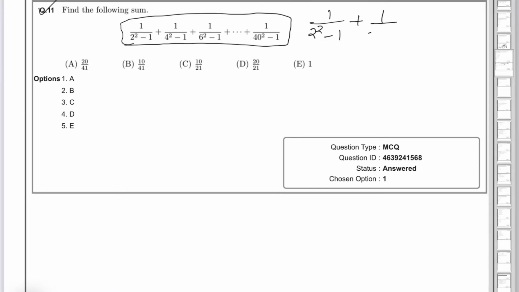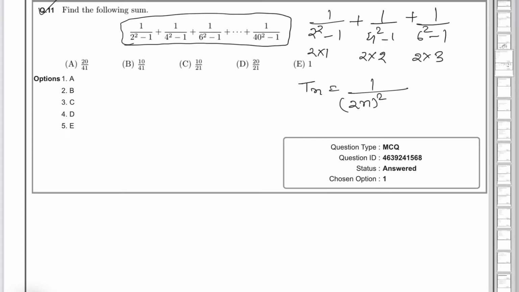Then in the second term it is 4 square minus 1. Then in the third term it is 1 upon 6 square minus 1, which is 2 into 1, 2 into 2, 2 into 3. So the generalized term is 1 upon (2n) square minus 1. So this is the general term given here.